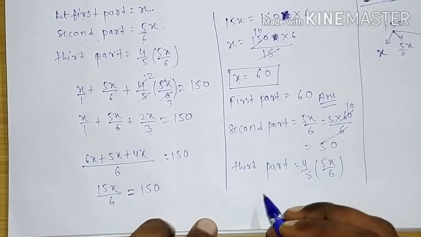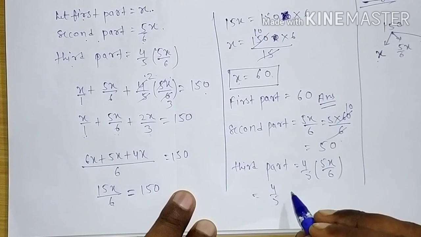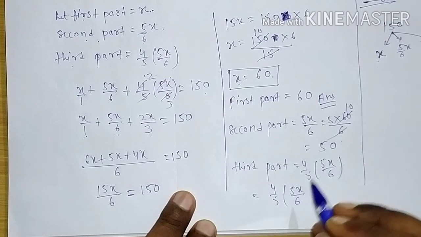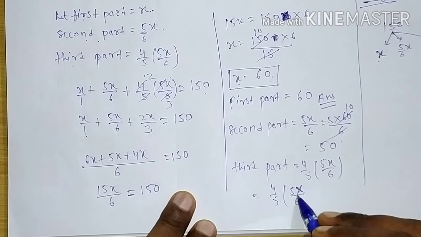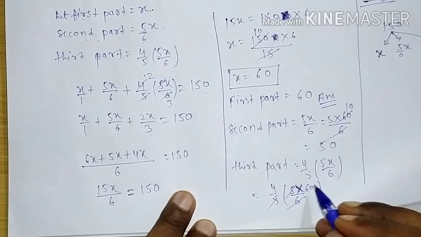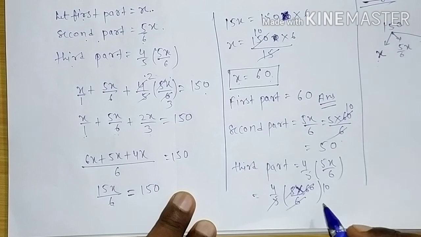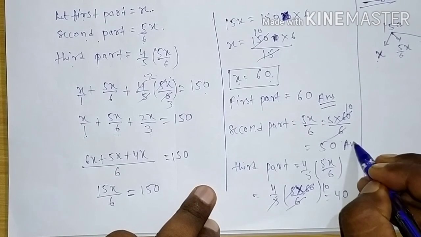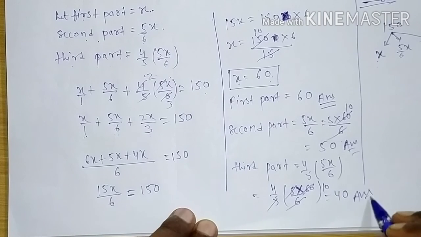Now put the value x is 60. Now 5 cancels out, 6 and this cancel out, 10, 4 into 10, that is 40.